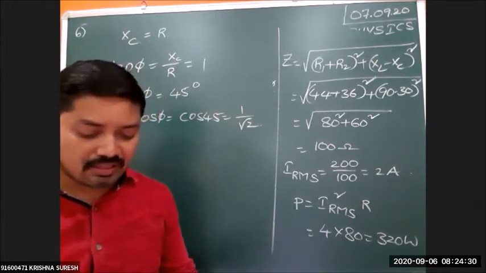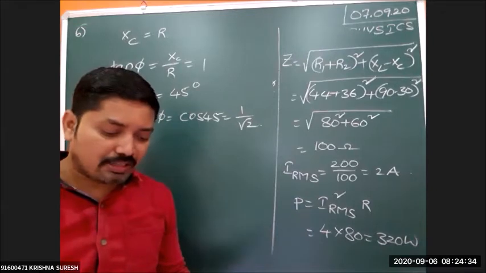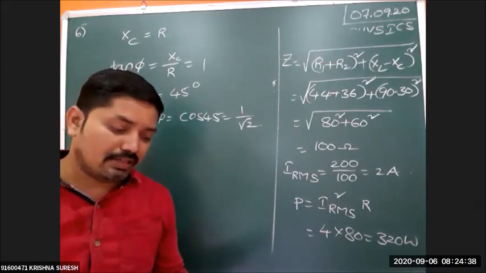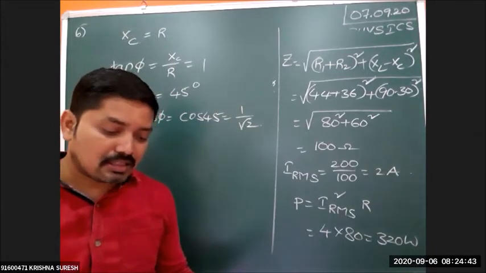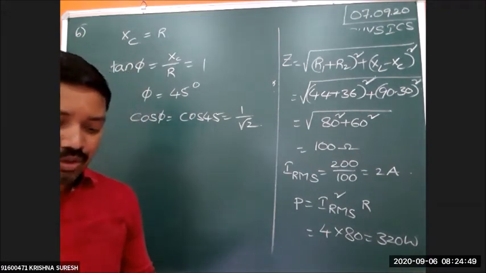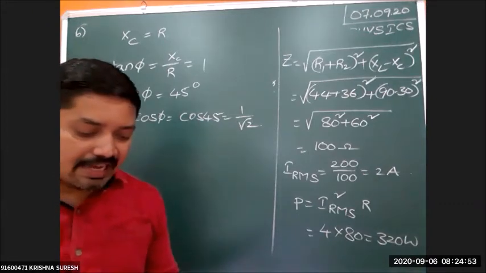Next, question number 7. An LC circuit contains a 40 millihenry inductor, that is the L value, and a 25 microfarad capacitor, that is the C value. The resistance of the circuit is negligible. The time is measured from the instant the circuit is closed. The energy stored is completely magnetic at times.